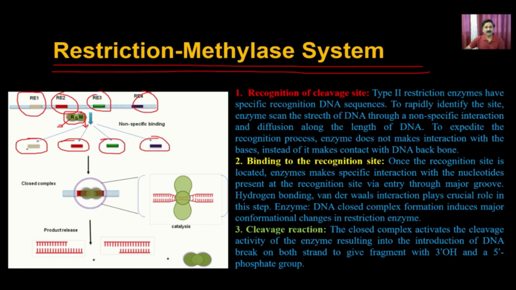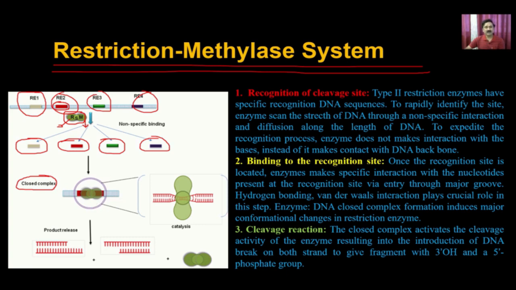If these sequences are methylated, they will not be able to form the closed complex. If they are non-methylated, for example, in this case, the RE2, the sequence of this DNA, the red color DNA, is non-methylated. As soon as that happens, the enzyme will bind to this and form the closed complex.